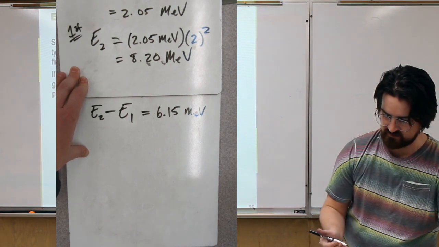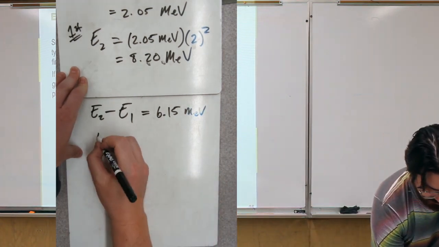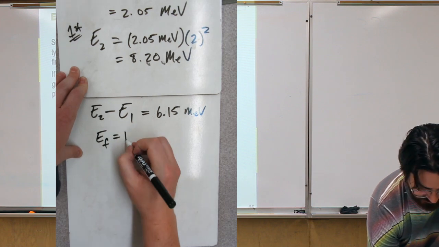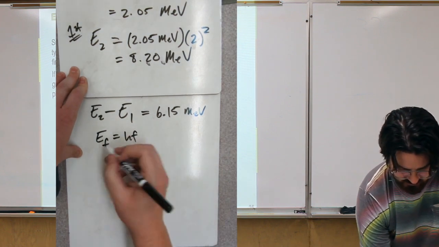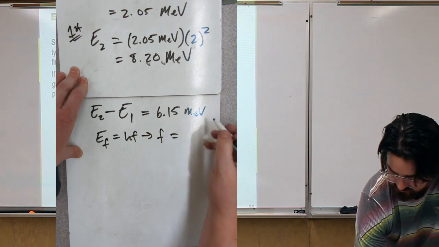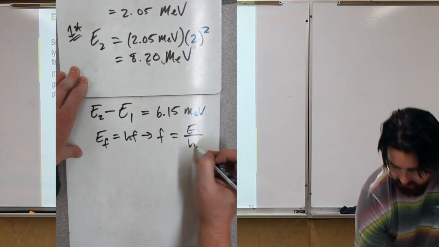If we want to know what that frequency is, we can go back to our quantized energy for a photon, so that the frequency is that energy divided by h bar.